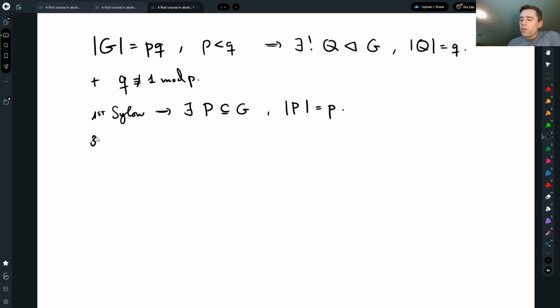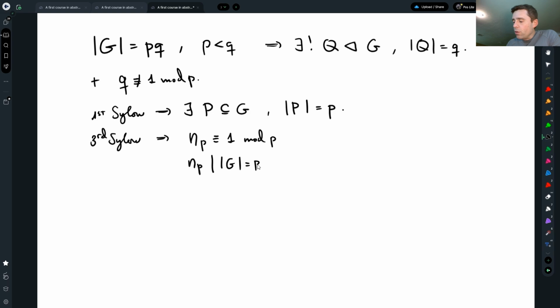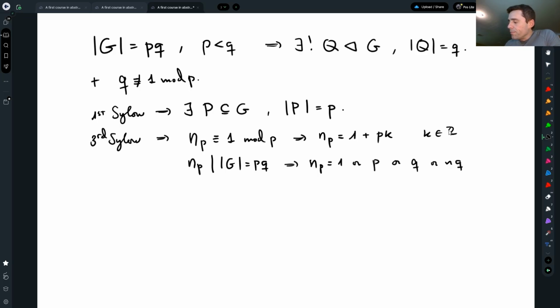And the third Sylow theorem now tells me that NP is 1 modulo P, and NP divides the order of the group, PQ. So this tells me that NP is 1 or P or Q or PQ, and this tells me that NP is 1 plus PK with K some integer.